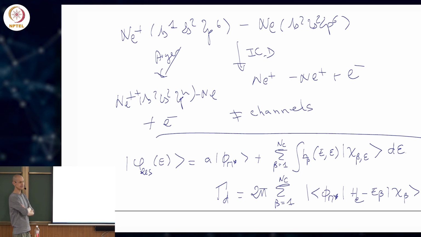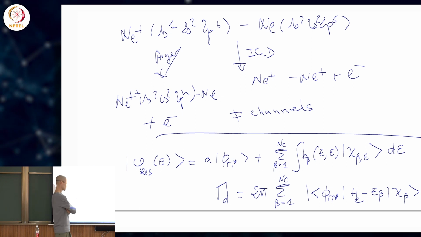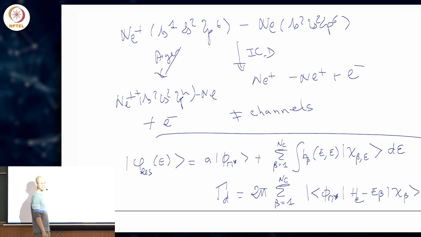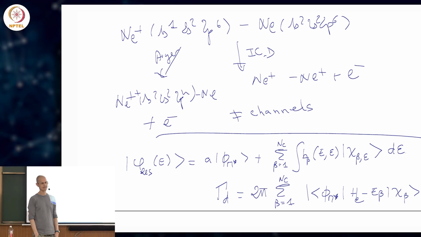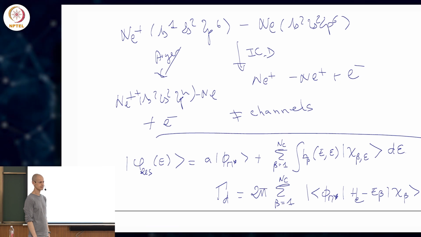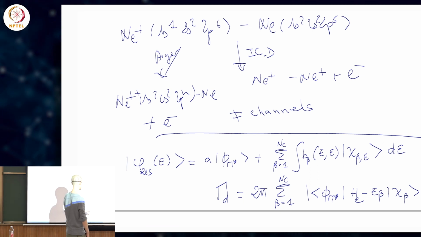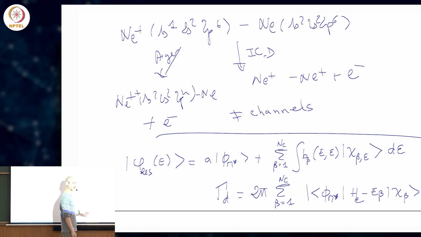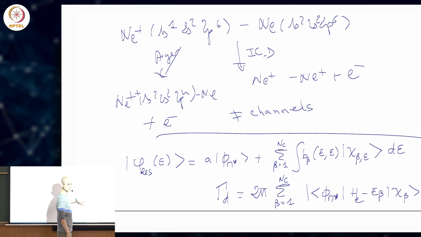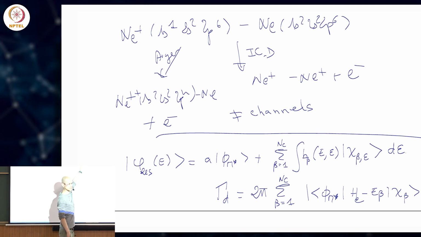Yes. If you want to be correct, you have to sum over the two, yeah. No, no. Beta equal 1, that's here. Beta equal 2, because here it goes to N_C equal 2, that's this one.